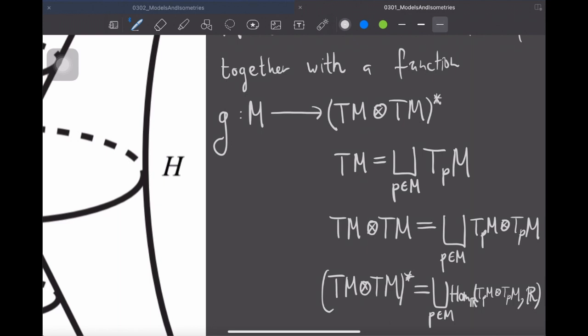So at each point in M it has the dual space of this tensor product. The elements here are the linear maps from this space to R, but that is canonically isomorphic to the set of bilinear maps from T_M cross T_M to R, right?